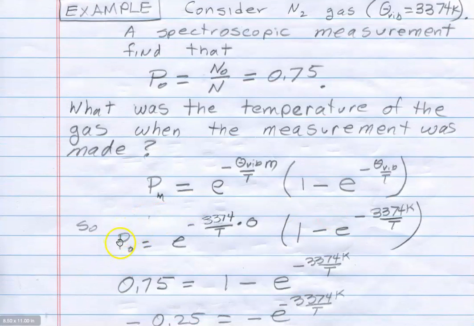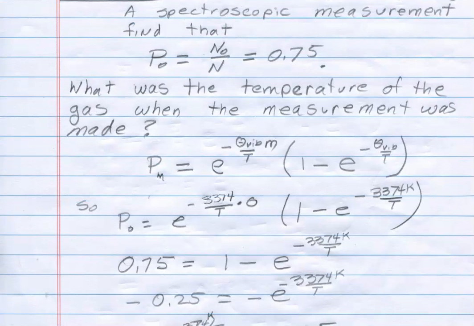So I know P0. When I put in 0 here, this term goes out. It's just e to the 0, which is 1, and then I just have this factor. But I'm given that the probability of being in that state is 0.75, and so I have to have this expression. And then it's a matter of solving that equation.